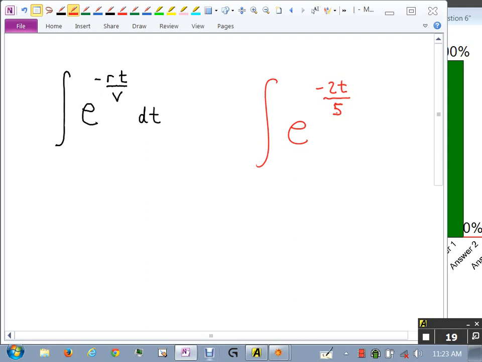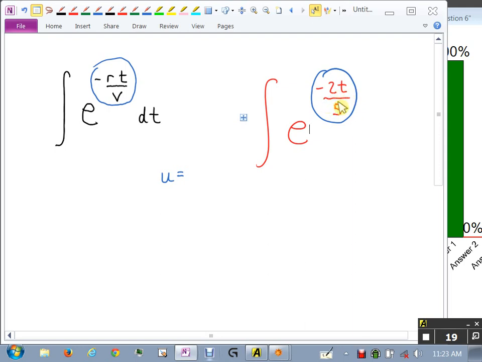So what I'm going to do is let u be the entire exponent up here. That would be the same as me letting u be this. What would the derivative of this be?